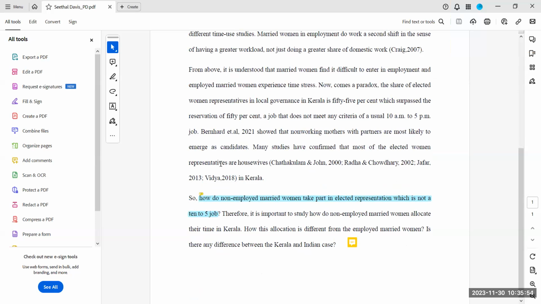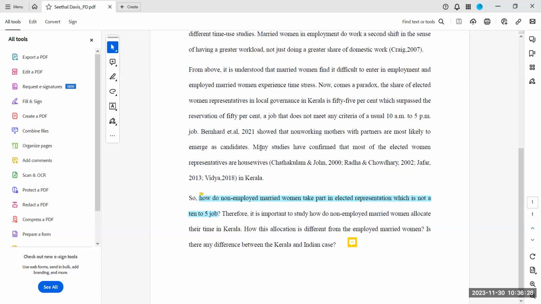Okay. The thing is that when I went through the literature, what I found is that mostly women representatives, as I mentioned here, is that more than 50%. There is 50% of reservation, but still the representation of women is higher. And mostly, most women are housewives.